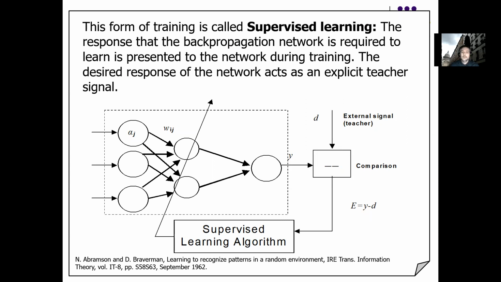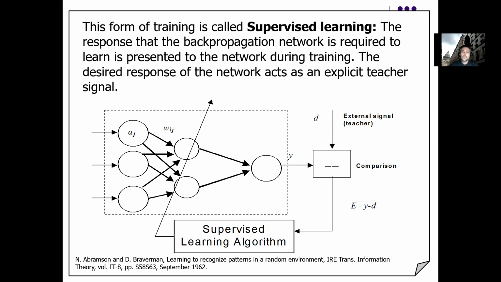This kind of idea of supervised learning was introduced in 1962 by Abramson, and I have the reference here, learning to recognize pattern in a random environment. According to my knowledge, these are the first people who introduced this kind of concept, in a paper that was published in the Transactions on Information Theory.